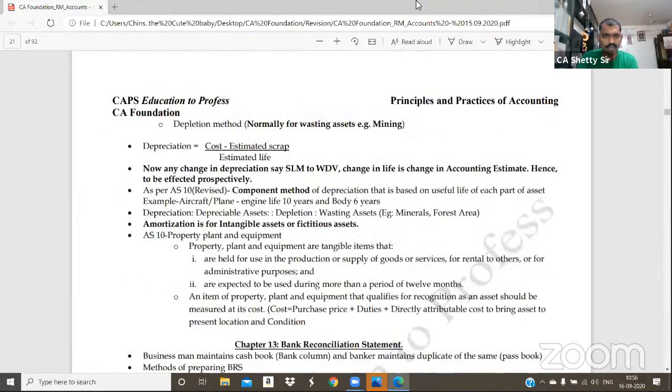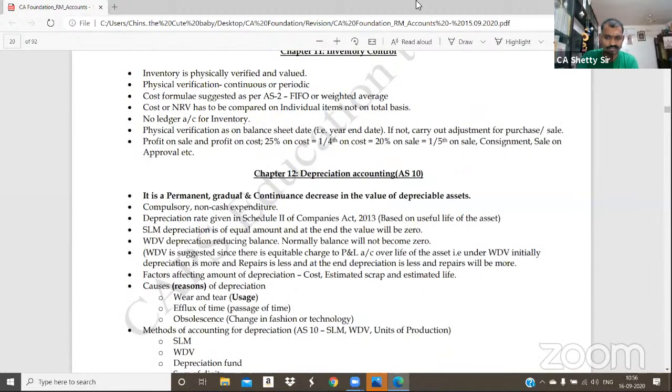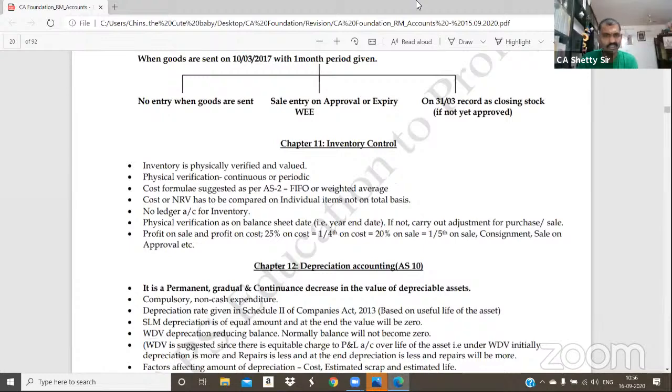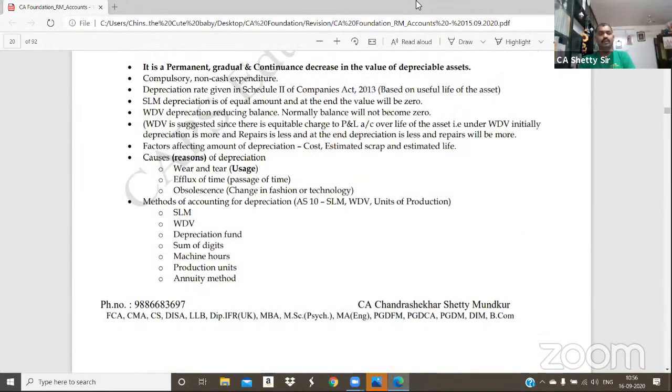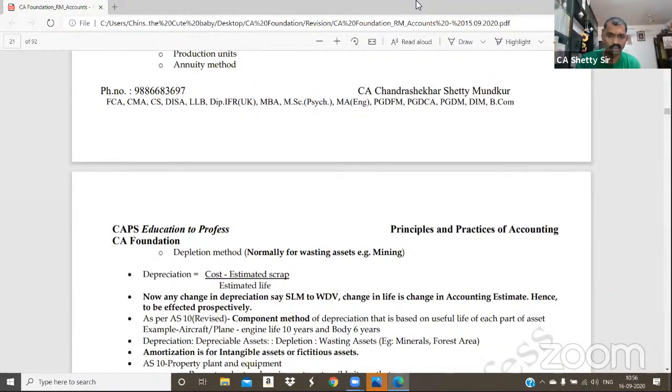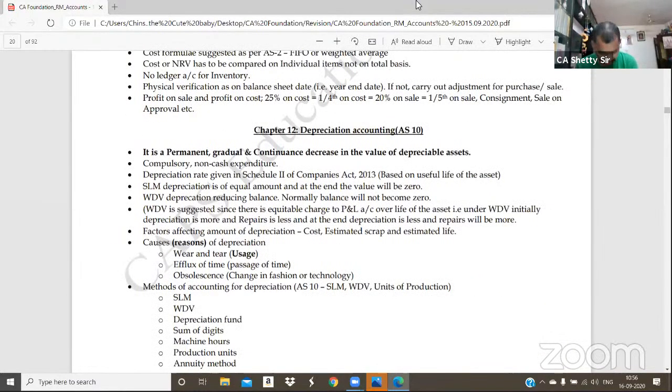So I'll go to the depreciation account, which is an easy chapter. What a beautiful topic, easy and simple, which all of you have to study. What is depreciation? It is a systematic allocation of depreciable assets over their life. Write down some extra notes. Depreciation accounting. PPE and depreciation are both the same.